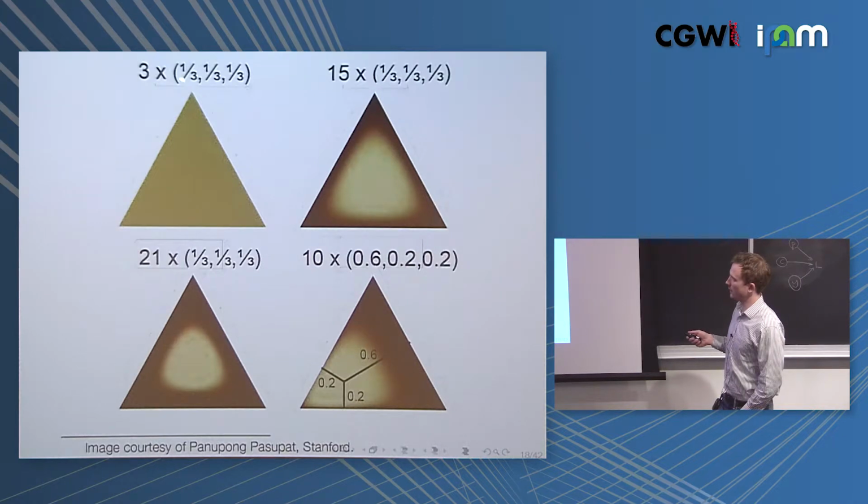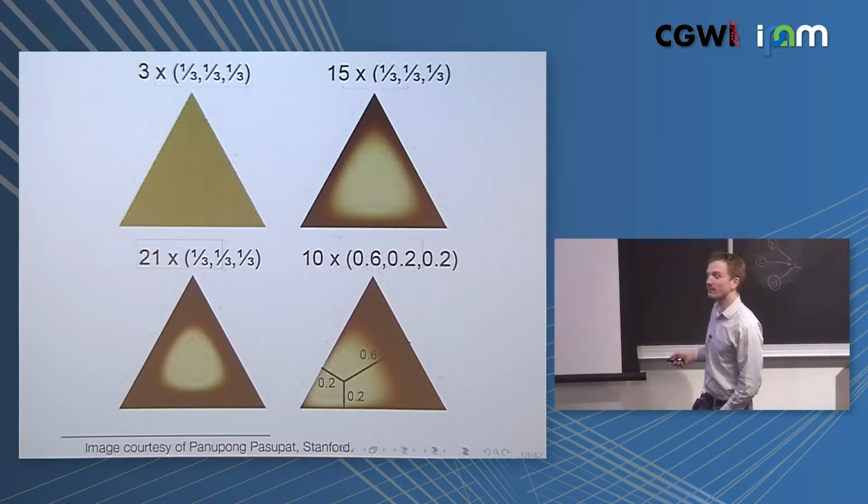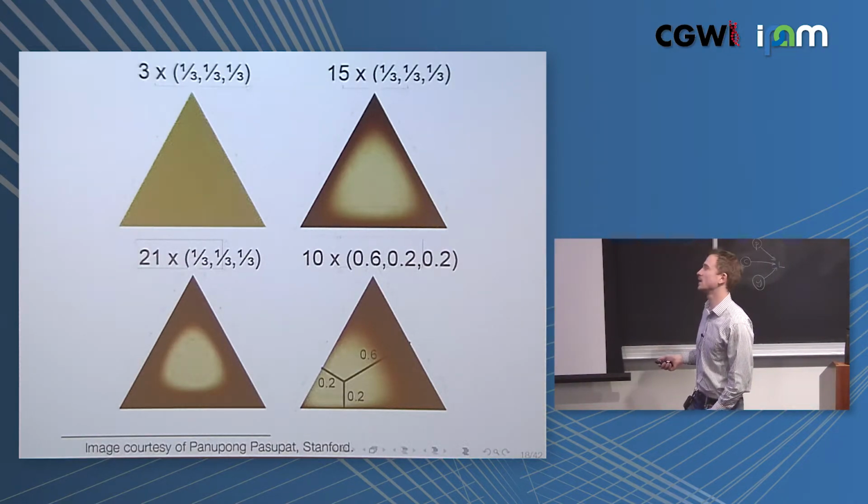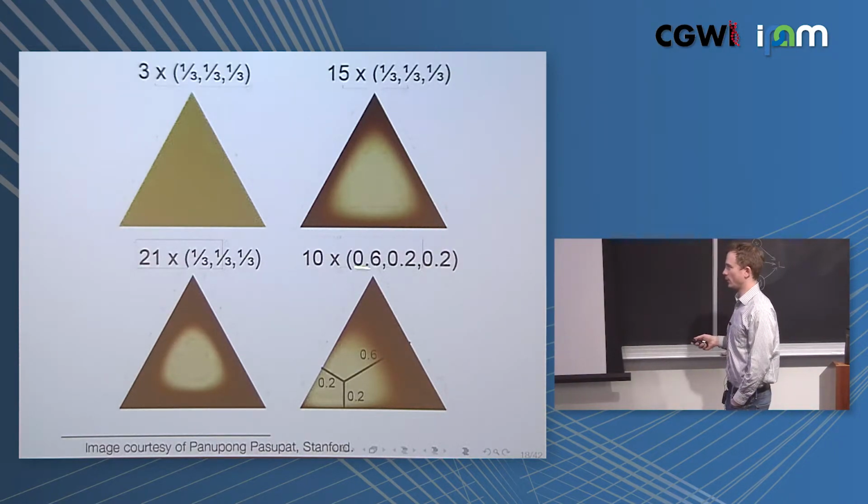If alpha is the 1 vector, that corresponds to the mean being at a third, a third, a third, and the concentration parameter being 3. As you increase the concentration parameter, you see that the mass of the distribution is concentrating around the mean, hence why it's called a concentration parameter. And of course, you can also move the center of the distribution.